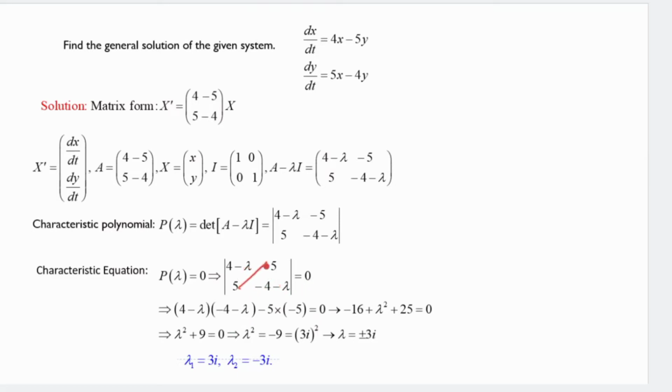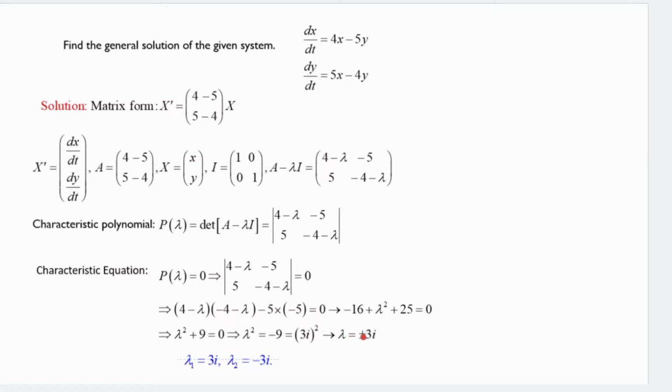We get 4 minus lambda times minus 4 minus lambda, minus 5 times 5. When we simplify this equation, we get minus 16 plus lambda square plus 25 equal to 0. That means lambda square plus 9 equal to 0. So when we solve this equation, we get lambda square equal to minus 9, that means (3i) whole square.